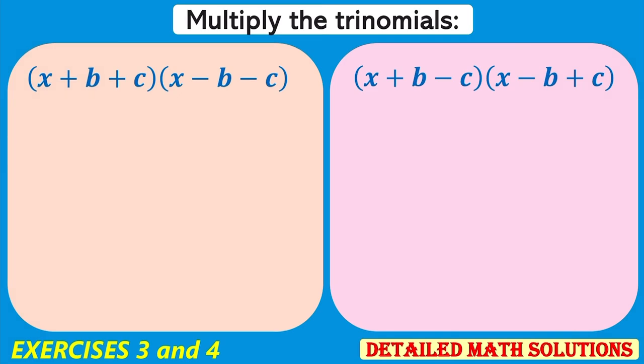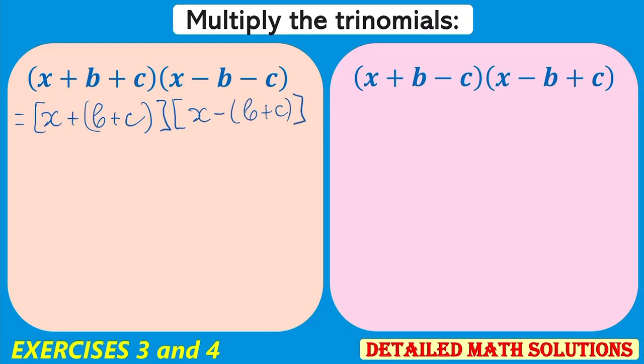Next exercise, multiply the trinomials (x + b + c) and (x − b − c). This expression equals [x + (b + c)] multiplied by [x − (b + c)]. This way, x will be my first term, and b + c will be the second term in the formula for sum and difference of the same terms.